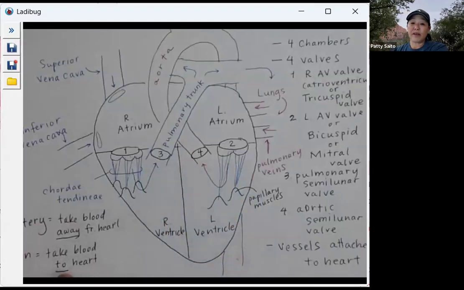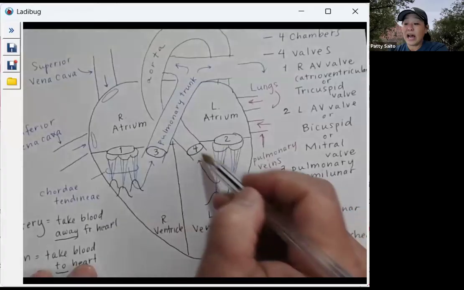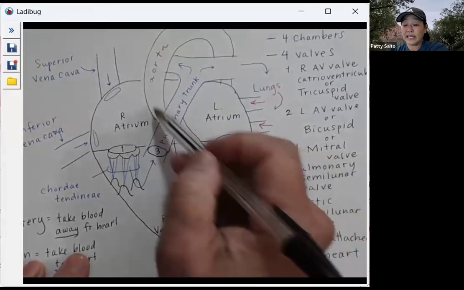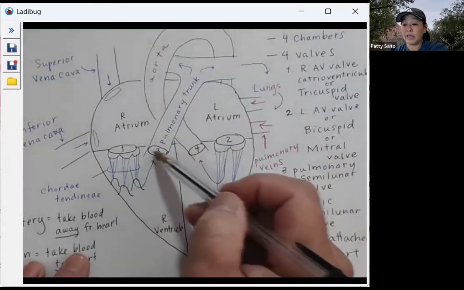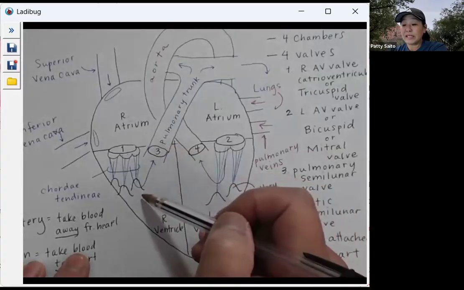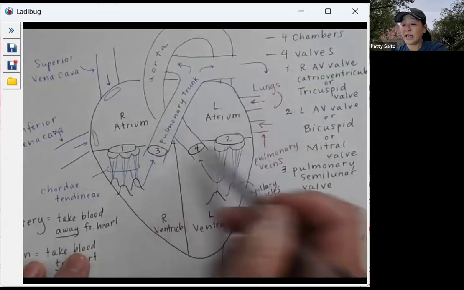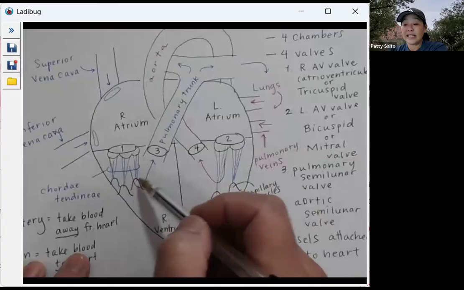So how does it prevent backflow? What happens is as the ventricles contract, they squeeze blood out the pulmonary trunk and into the aorta through these semilunar valves, right? But what prevents blood from going back through the bicuspid and tricuspid valves? It's this.